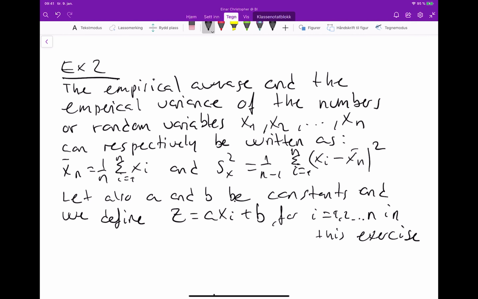So we will use that zi is equal to this.